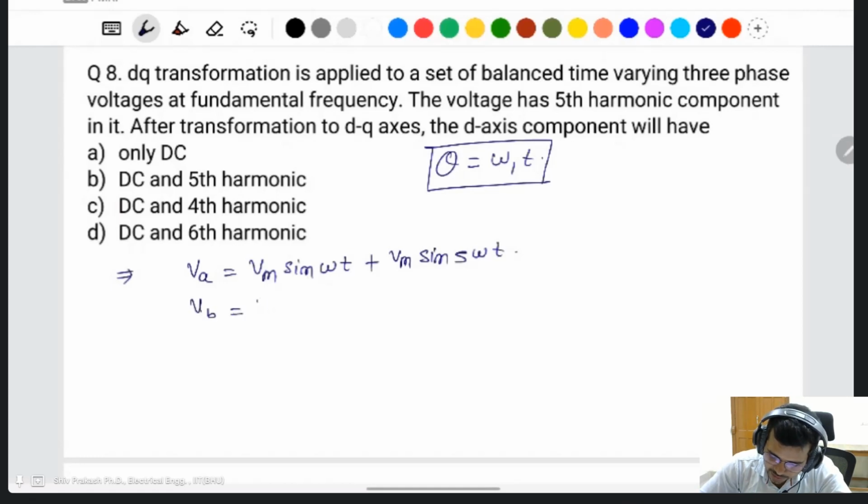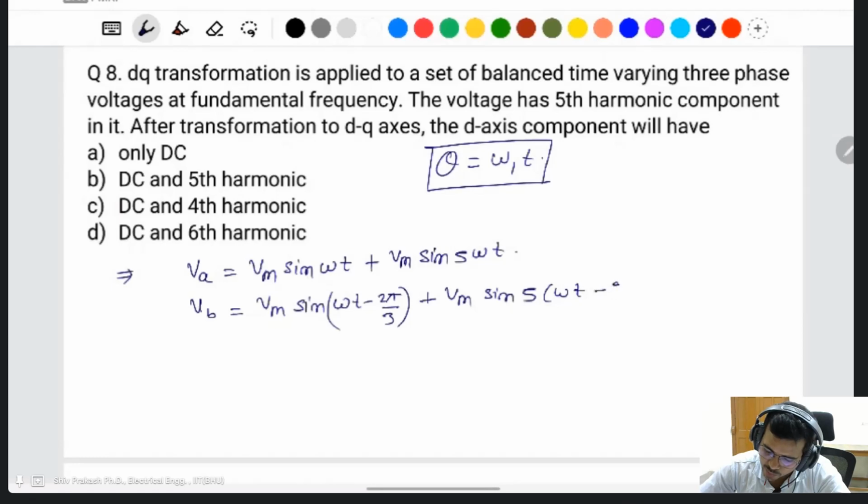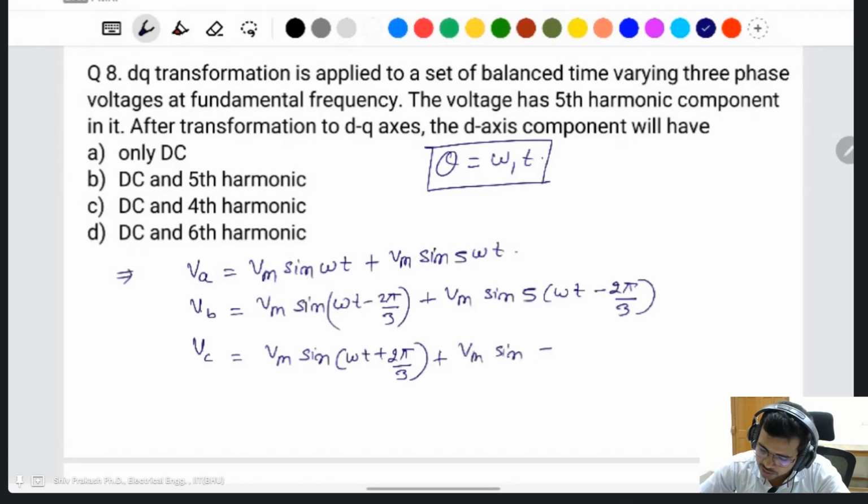Vb is Vm sin(omega t minus 2 pi by 3) plus Vm sin(5 omega t minus 2 pi by 3). Vc is, for the fundamental, Vm sin(omega t plus 2 pi by 3), and in the fifth harmonic, Vm sin(5 omega t plus 2 pi by 3).